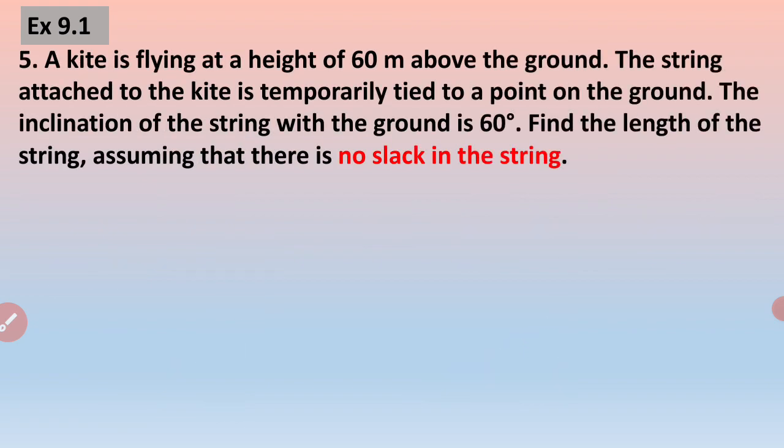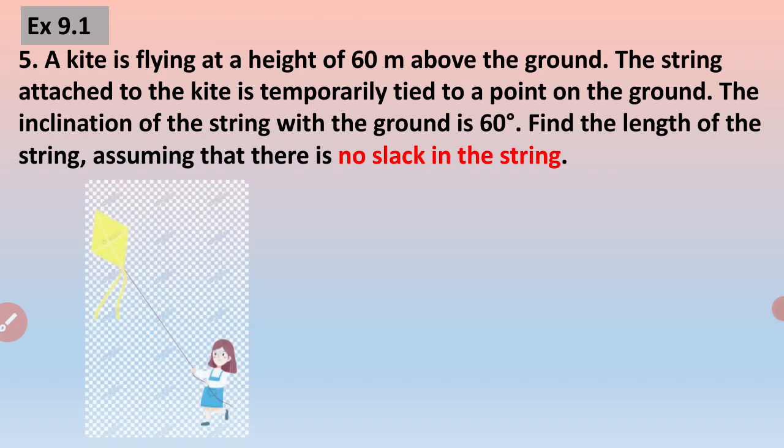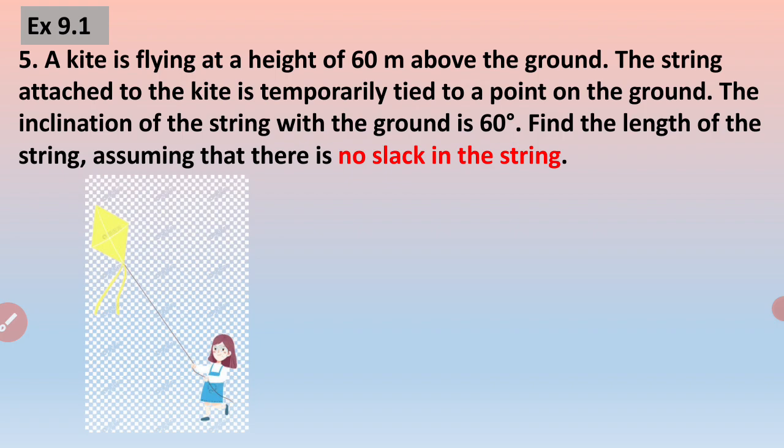One more example. A kite is flying at a height of 60 meter above the ground. That's the perpendicular height. The string attached to the kite is temporarily tied to a point on the ground. So, the string is always slant. The string which is attached to the kite is always slant and it is attached somewhere at a point on the ground.